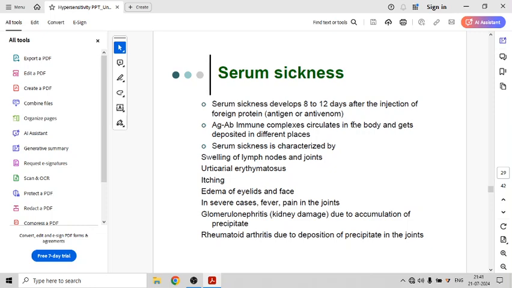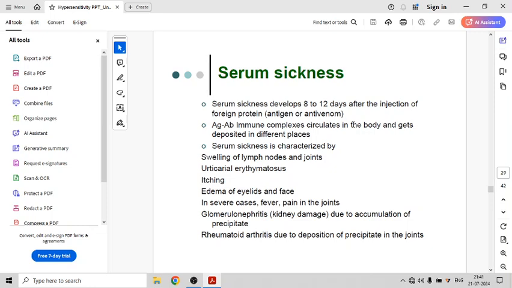This is for a person who has taken the injection for the second time, antivenom second time. And the precipitate that circulates and deposits in different parts of the body causes swelling of lymph nodes, swelling of joints, severe pain in the joints, to some extent fever is experienced by the person, as well as excessive sweating.